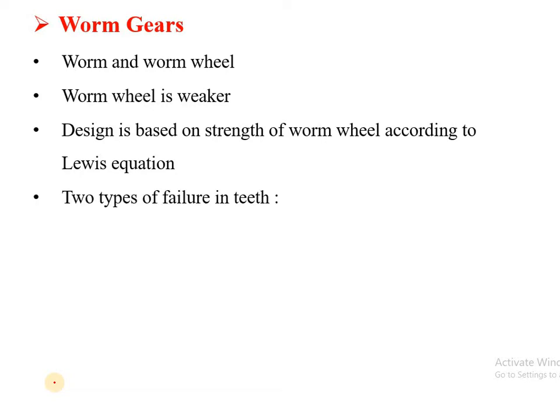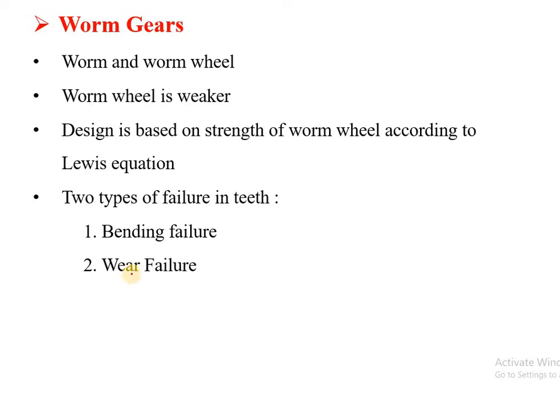Now there are two types of failure in the teeth of a gear. First is bending failure, and the second is wear failure in the tooth. Both failures are basically due to the tangential load.